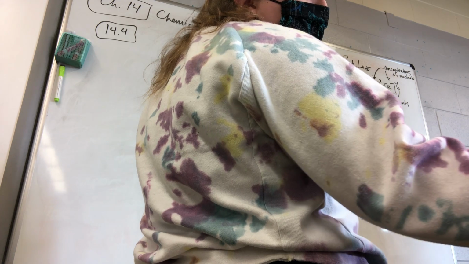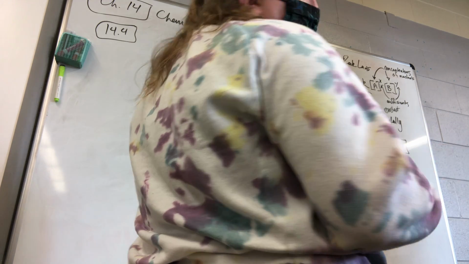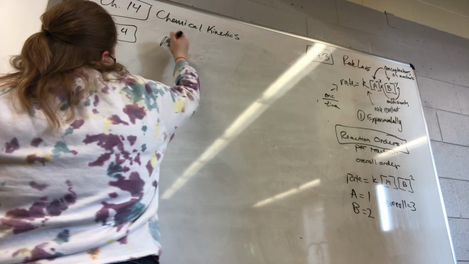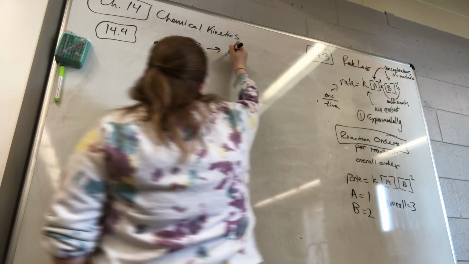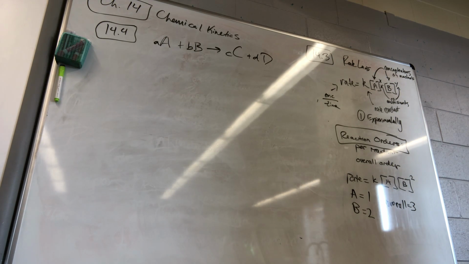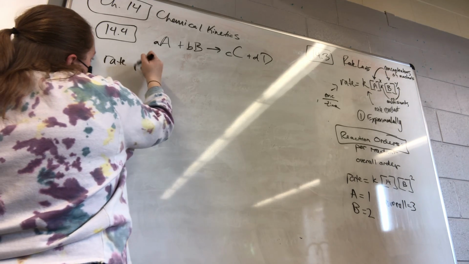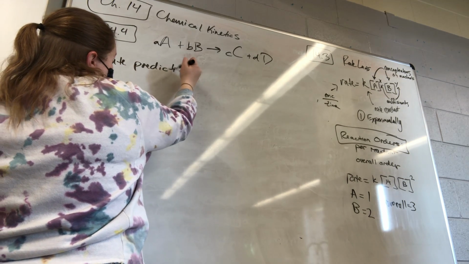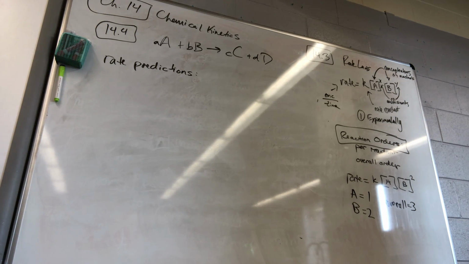Reaction mechanisms. Trying to decide how to do the next part. Okay. General form of a reaction. Lower cases are going to be coefficients. Upper cases are going to be the actual compounds. Please remember that one of the ways that we can predict is using just the reaction itself.